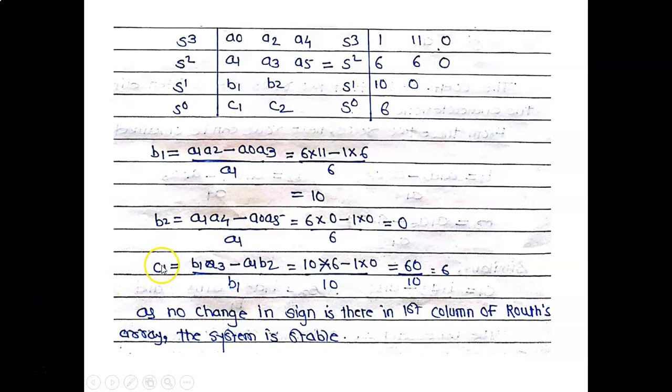Now c1 is equal to b1 a3 minus a1 b2 divided by b1, which is equal to 10 into 6 minus 1 into 0 divided by 10, which is equal to 60 by 10 is equal to 6. As there is no change in sign in the first column of Routh's array, the system is stable. See that this is the first column. No sign change, therefore the system is stable.